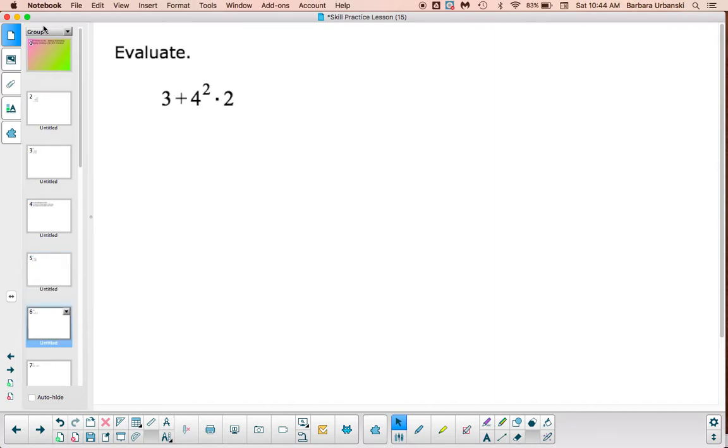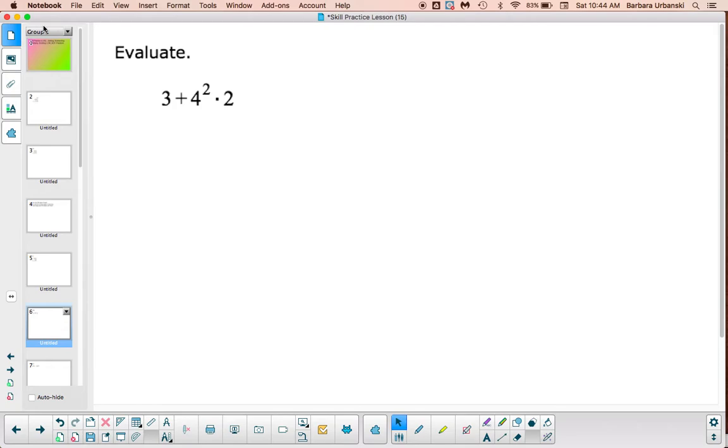The next problem, they say evaluate. Evaluate just means get an answer. So don't get worried about it. Sometimes they may say, oh, solve this. Evaluate. Find an answer. You should write this down in your notebook. Some of you might know this, some of you might not. So you'd be putting 3 plus 4 to the second power times 2.